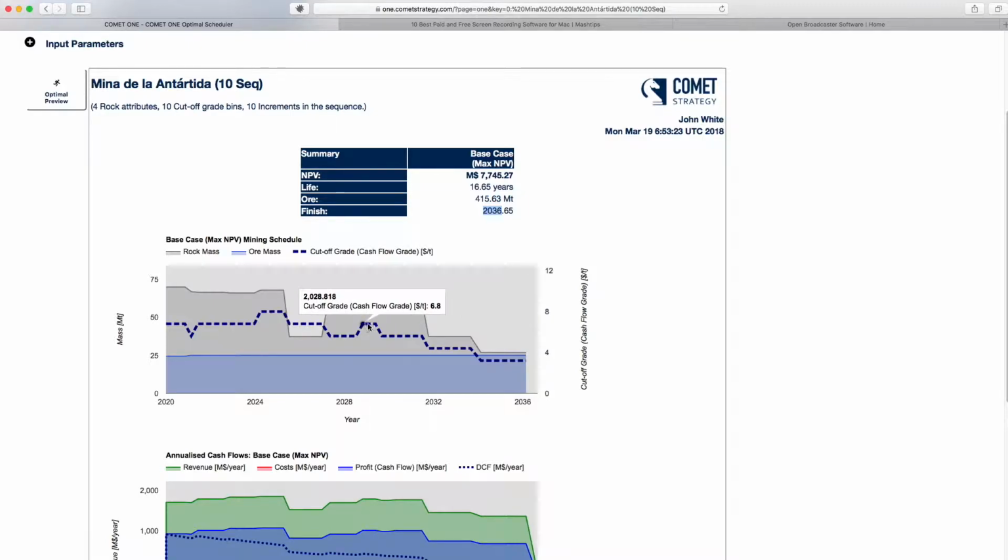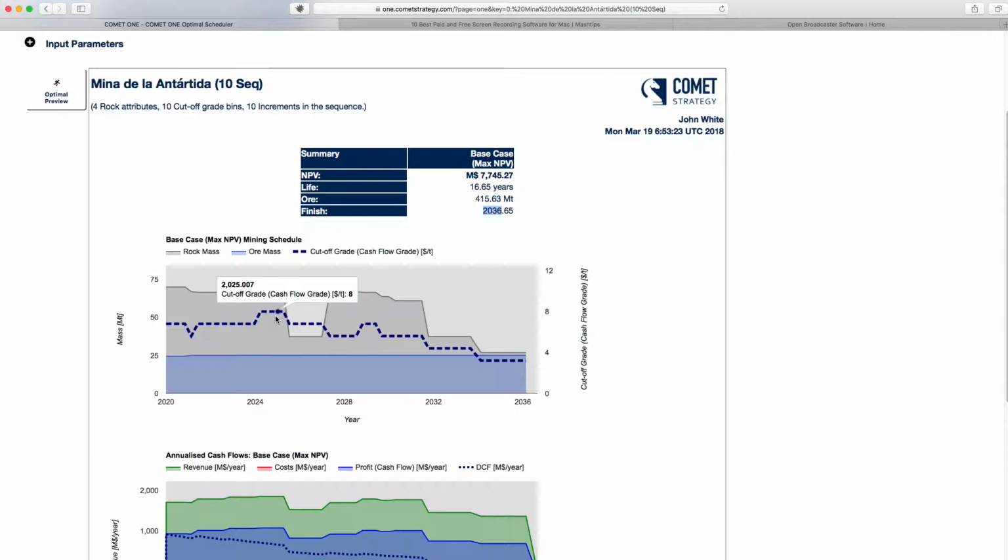You can see that this is what's called a variable cutoff grade. When you optimize the cutoff grade so that you maximize the net present value of the project, you often end up with these variable cutoff grade policies. People often think that the cutoff grade should decline with time. And although generally it does kind of decline with time, there are periods where it increases as well.